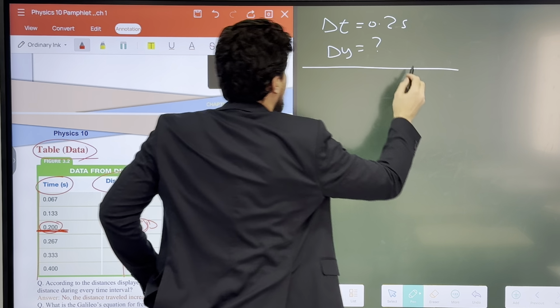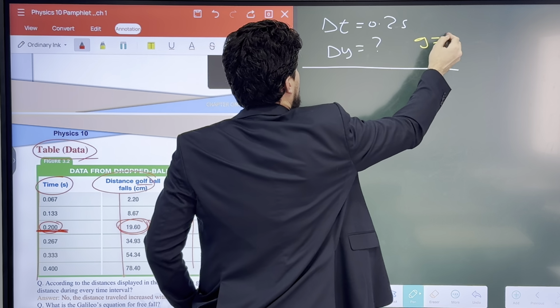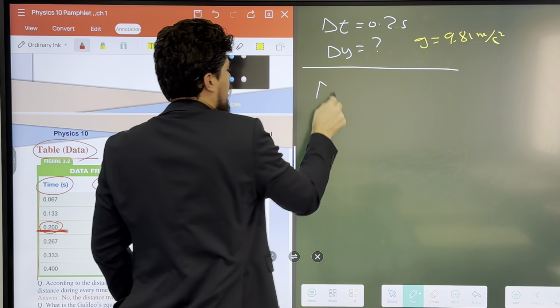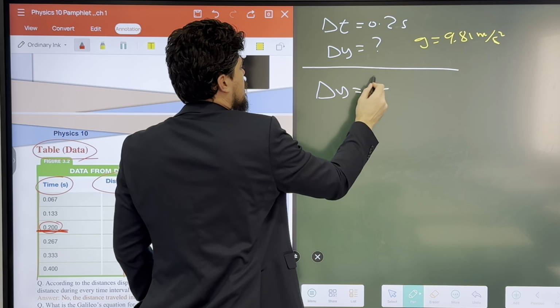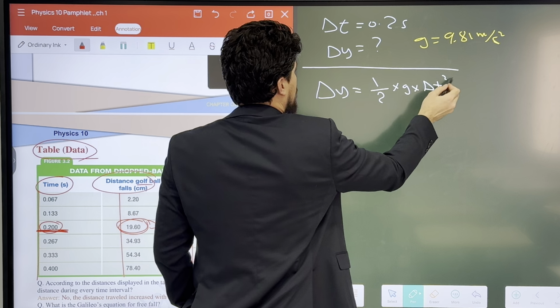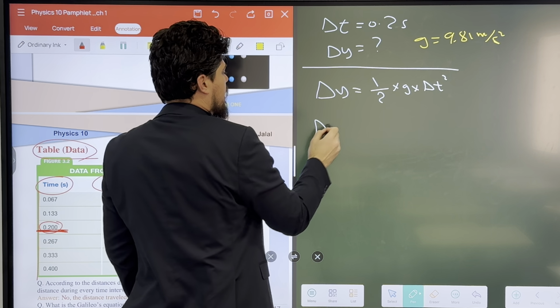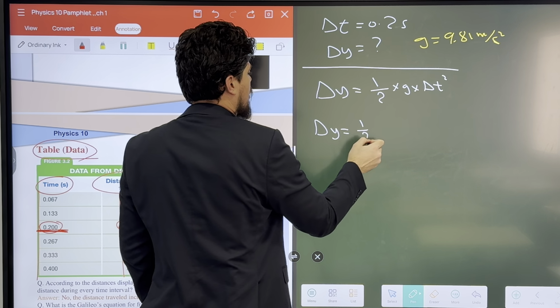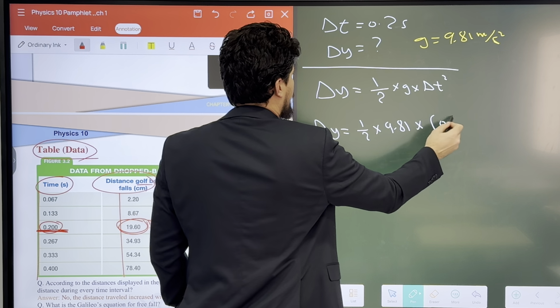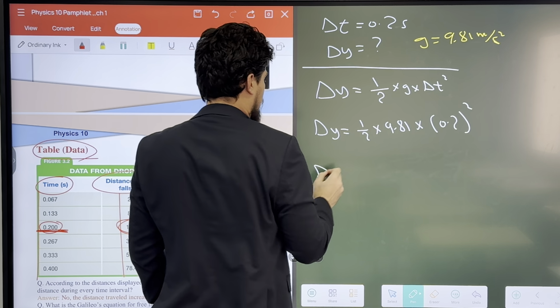Look, according to Galileo's equation, g is a constant. Delta y is equal to 1 over 2 times gravity times t squared. Replace: 1 over 2 times 9.81 times 0.2 squared.